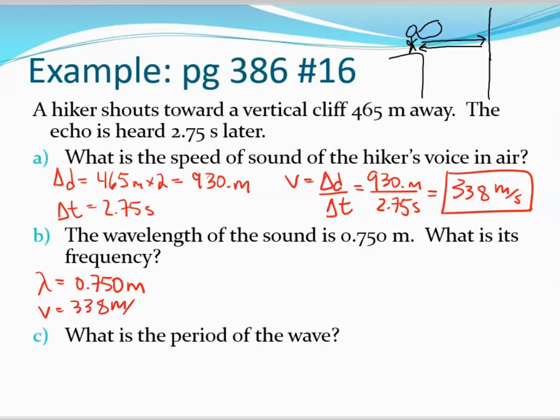And we're trying to use those two to find frequency. So then the formula that I have written down is this one. So I'm going to use my information and then solve for frequency.